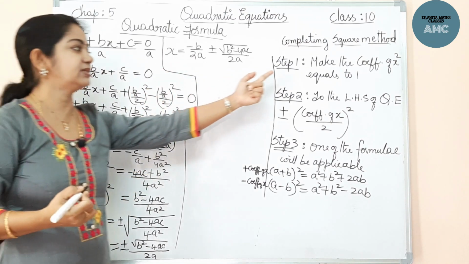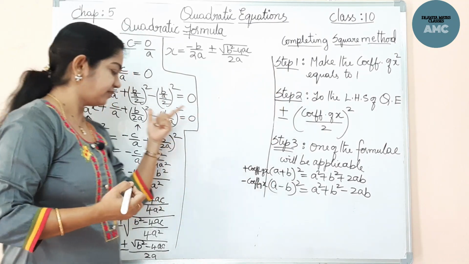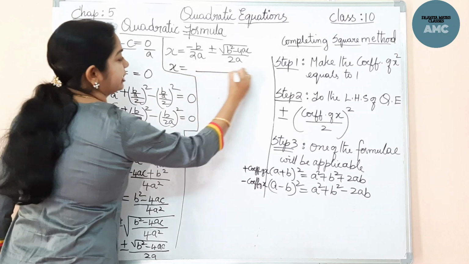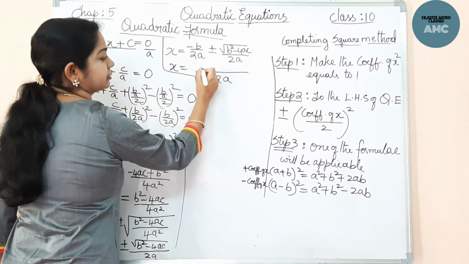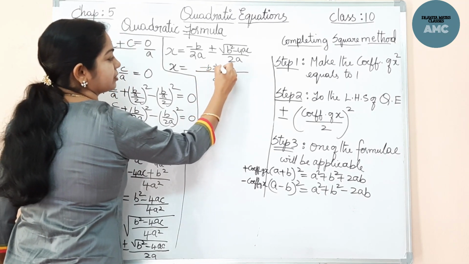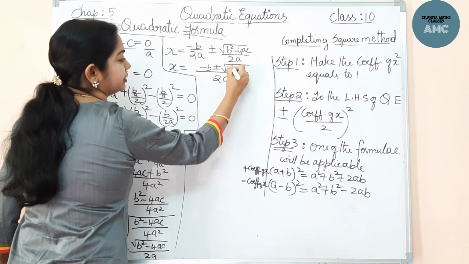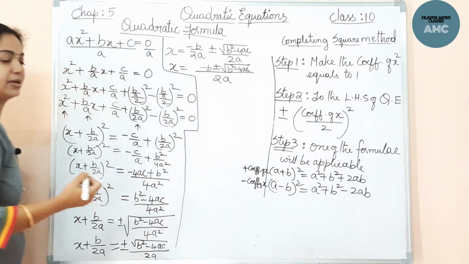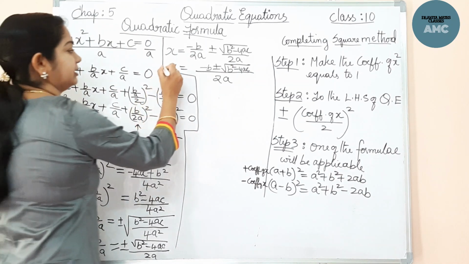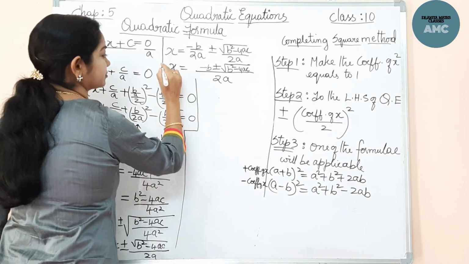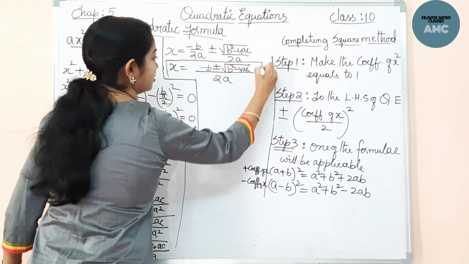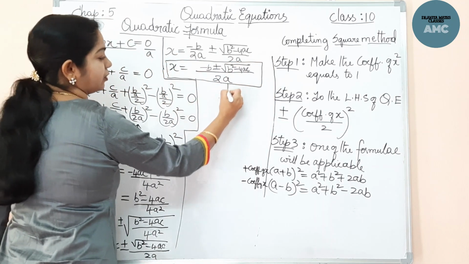We are following the 3 steps and doing simplification. That's it. x is equal to, if you take the LCM 2a, minus b plus or minus under root b square minus 4ac, by 2a. This is the LCM part. This is called the quadratic formula.